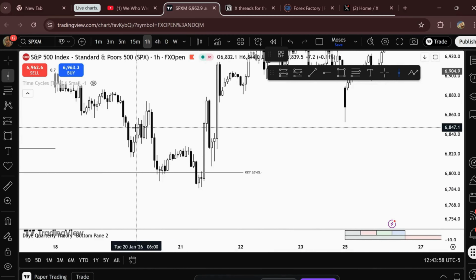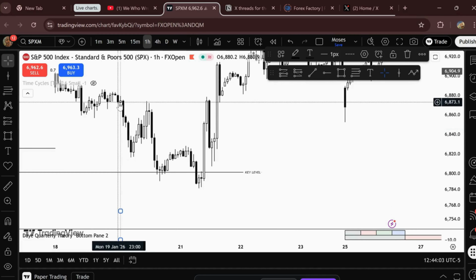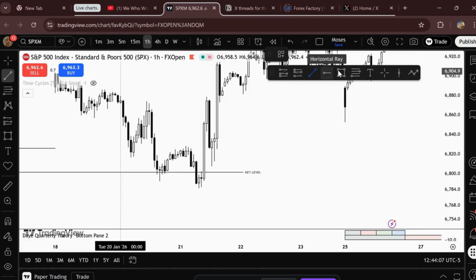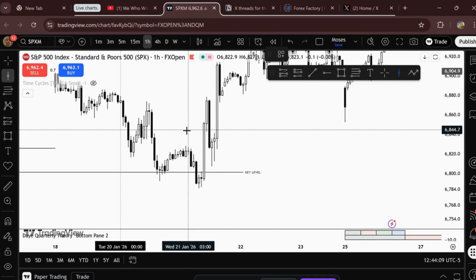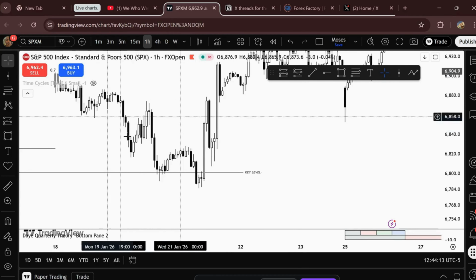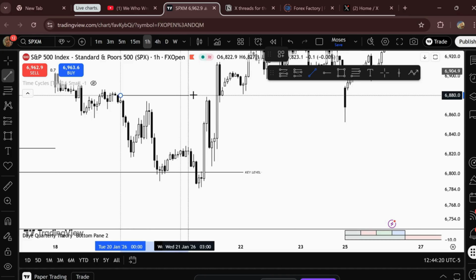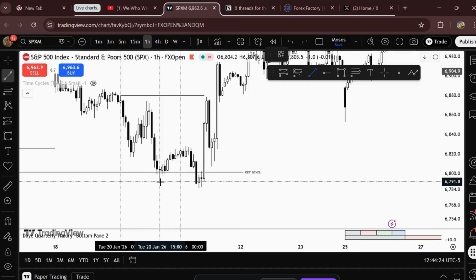Tuesday began at 00 o'clock, which is the true day open. So this was Tuesday's first action. This is the high of Tuesday, and this is the low of Tuesday.